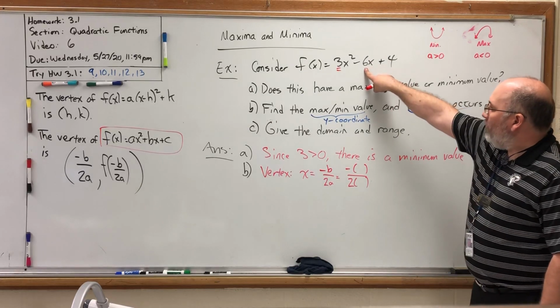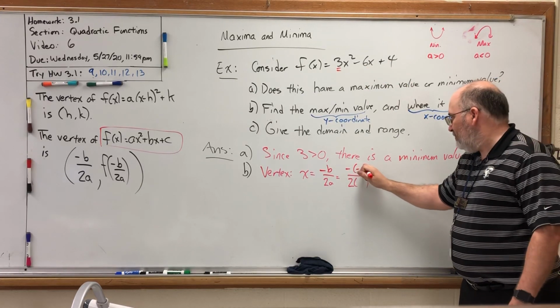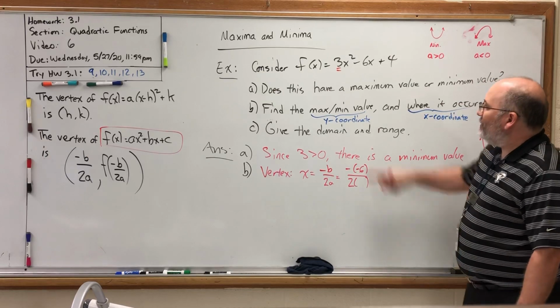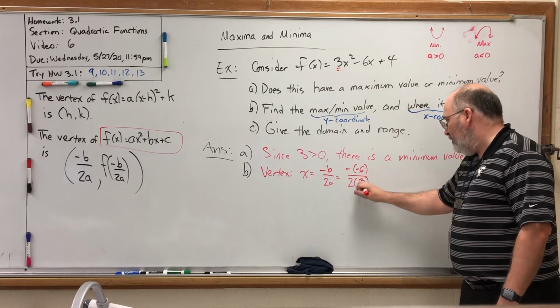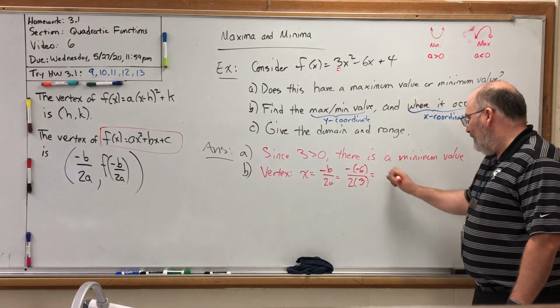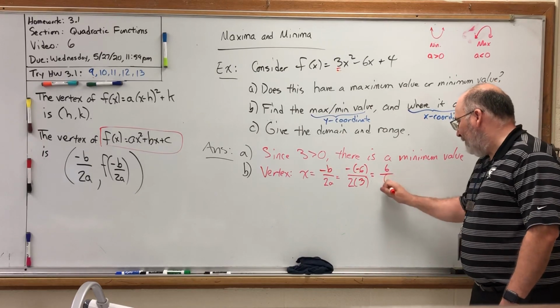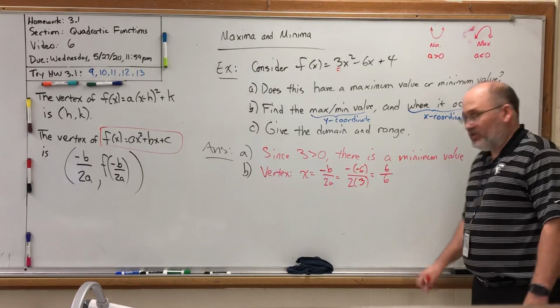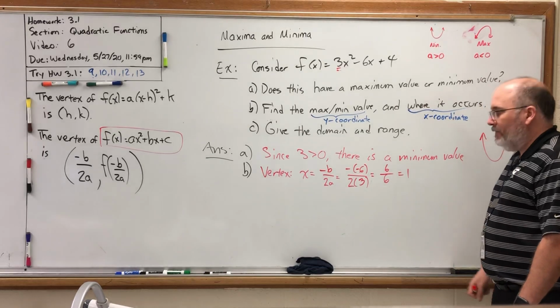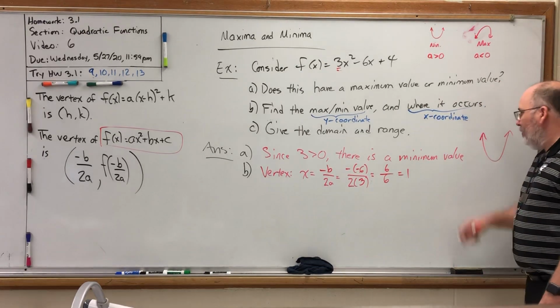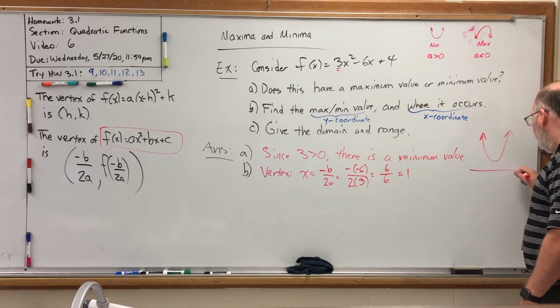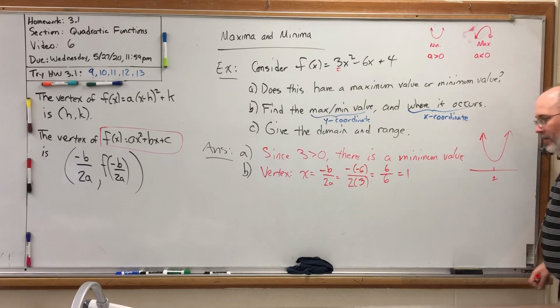The b is the coefficient of the x, so it's negative 6. The a is the coefficient of x squared, so it's 3. We have negative negative 6 on top and 2 times 3 on bottom. So 6 over 6 is equal to 1. So now we know the answer to where. At x equals 1 is where this low value will occur.